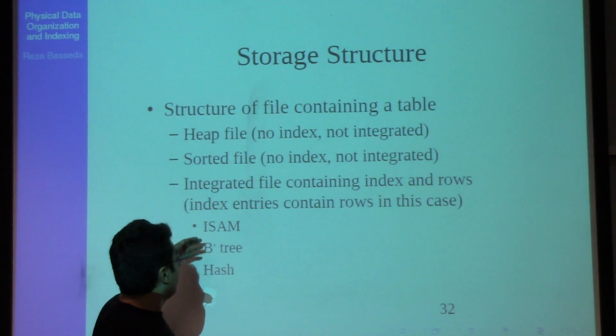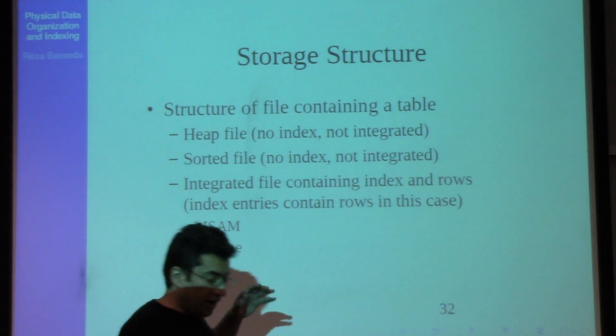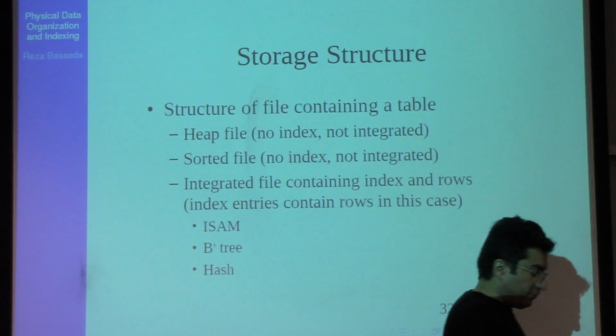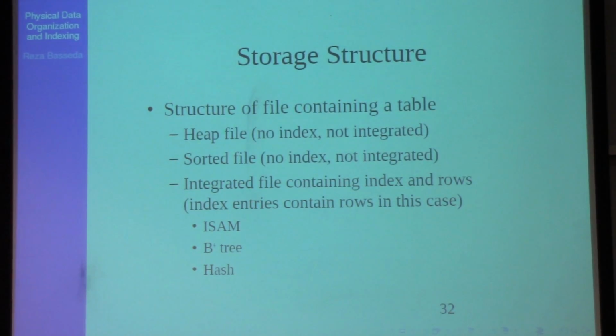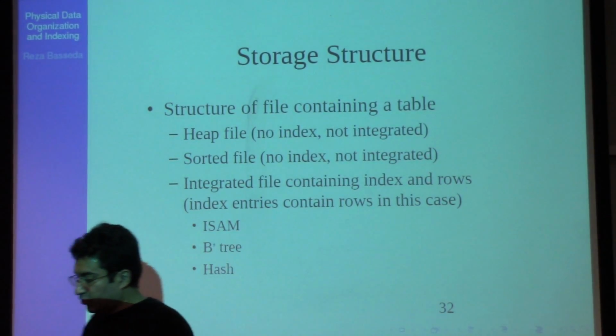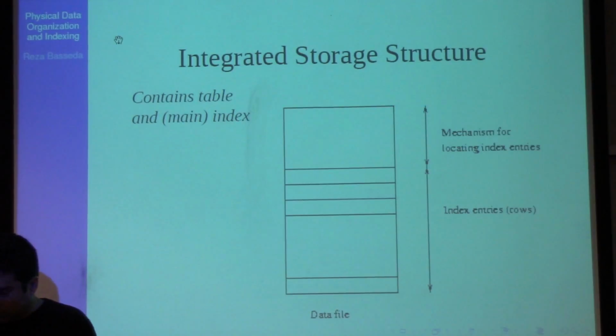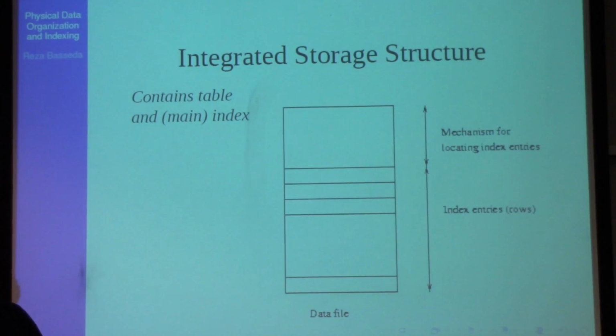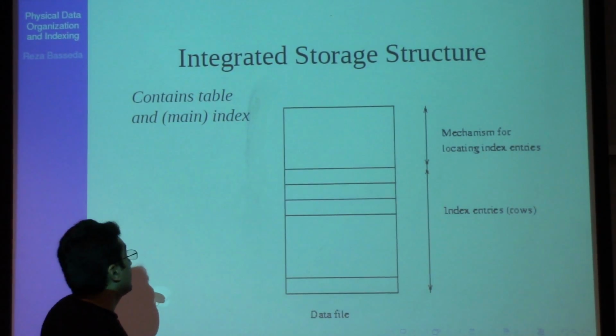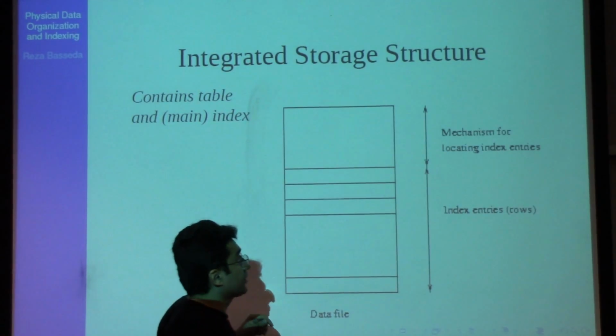For example, in B+ tree and hash map, when you locate the key, then you can directly access the value, and everything is stored in the same place. So this is an example of an integrated storage structure.